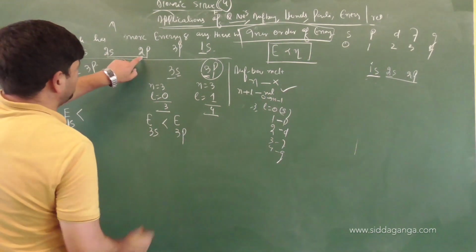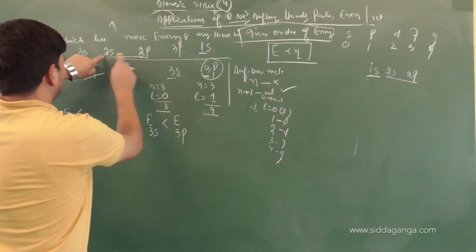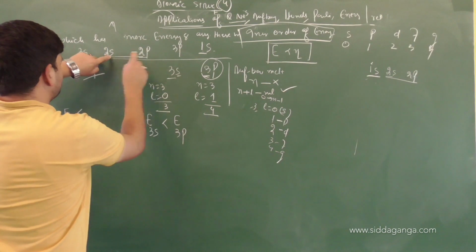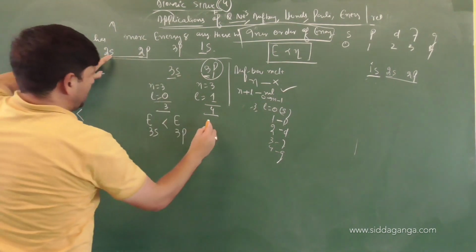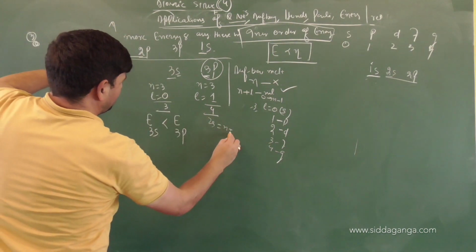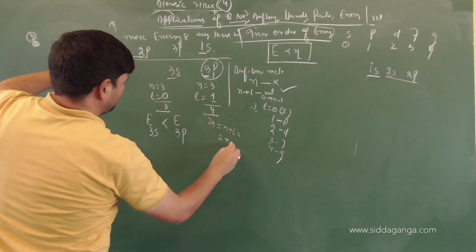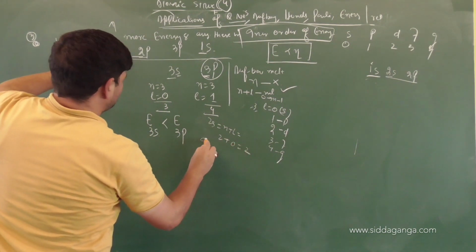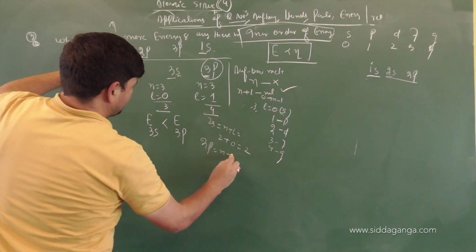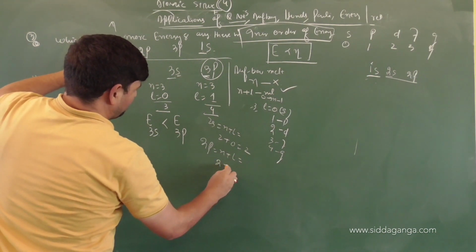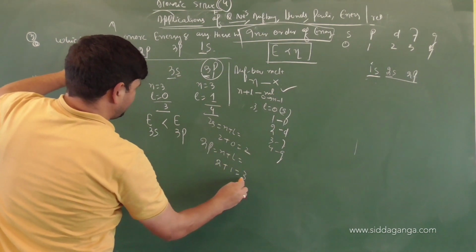Now you have 2s and 2p. The rule comes the same. n value same, L value 0 and L value 1. So for 2s, n plus L will be 2 plus 0, that is 2. For 2p, n plus L will be 2 plus 1, that is 3.